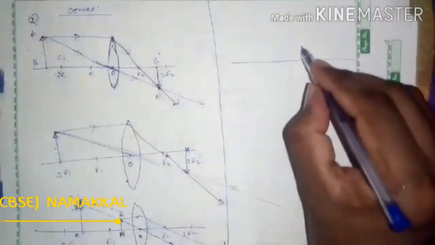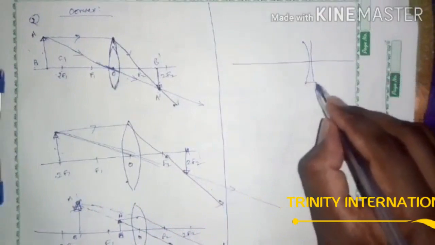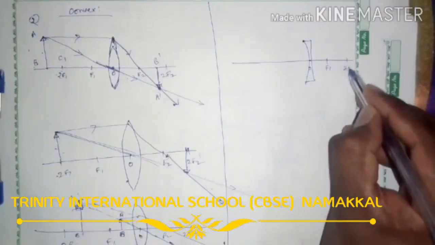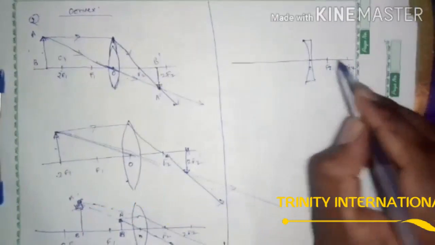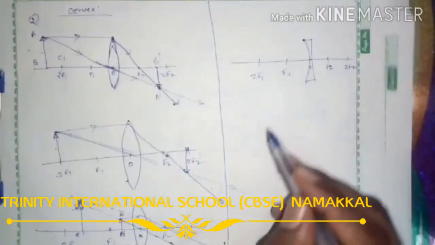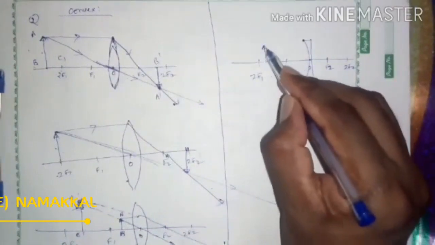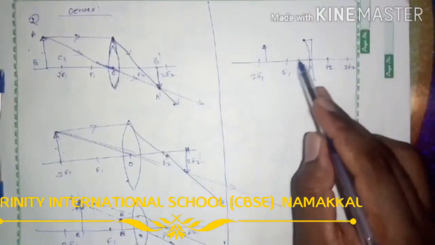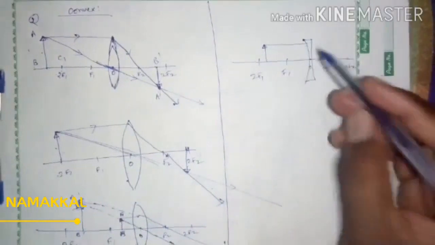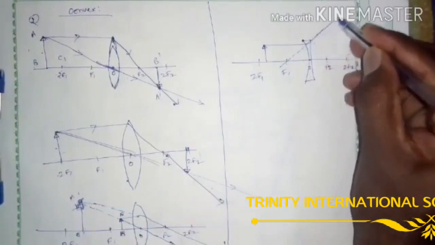You have to draw the optical axis and draw the concave lens like this. Okay, mark O, F1 and 2F1, here F2 and 2F2. Suppose you take any object between 2F1 and F1, the image will always be virtual and erect. The ray parallel to the axis emerges out appearing to diverge from the focus.